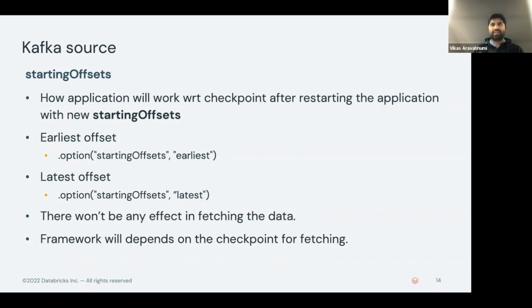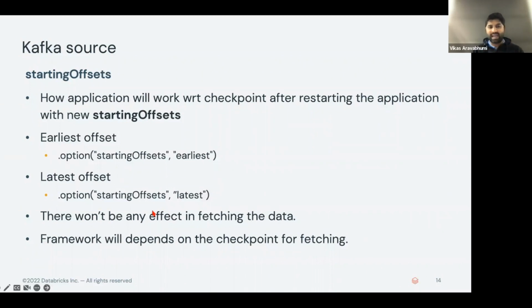Now, if I want to fetch the data from a certain position onwards from the source, I'm changing the starting offset to earliest, or latest, or some other value. There are a couple of options to fetch from specific information.